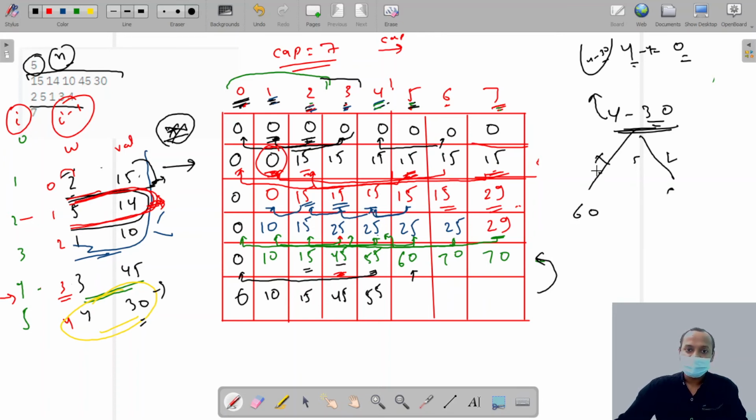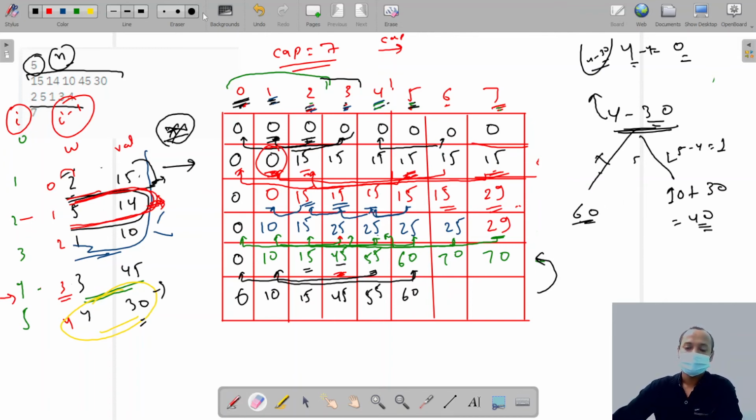If we include this item, 4 and 30, then the capacity left is 1. So we check at 1, and we get 10. So I'm writing 10 plus the value of the item, that is 30. So we get 40. And what is the maximum of these two? 60. So I'm writing 60. It means we exclude this item at this time.